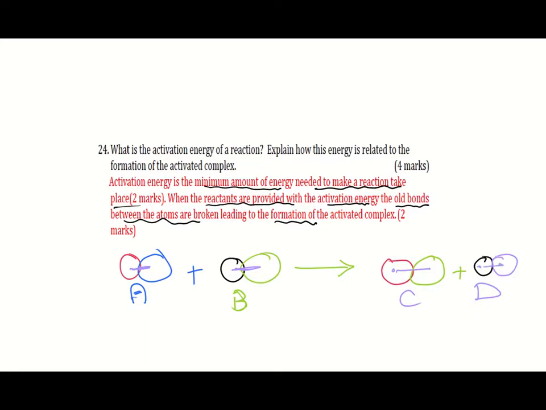In order for this to take place, the reacting molecules should have enough kinetic energy, and they gain this by absorbing energy from the system. This energy is what we call activation energy.